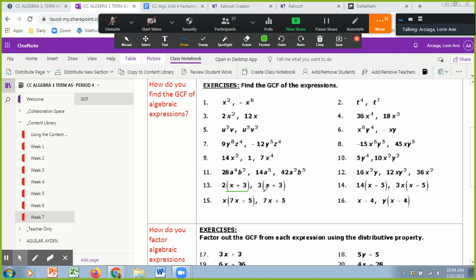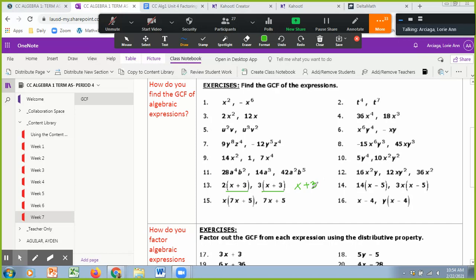Do both of them share x plus 3? Because that's a binomial now, right? It's not like individual variables earlier. So if both of them have x plus 3, then the GCF is x plus 3.